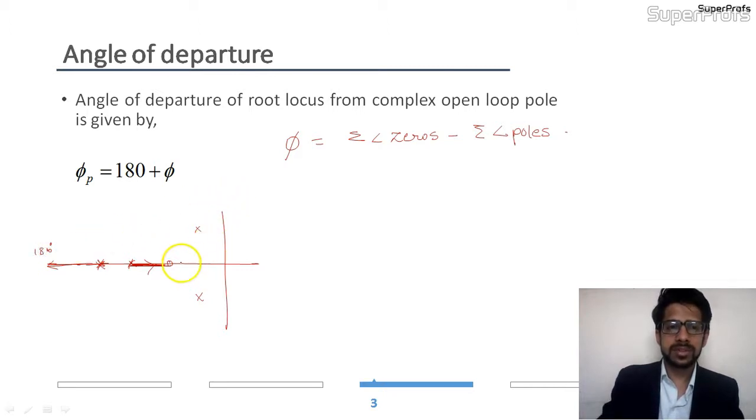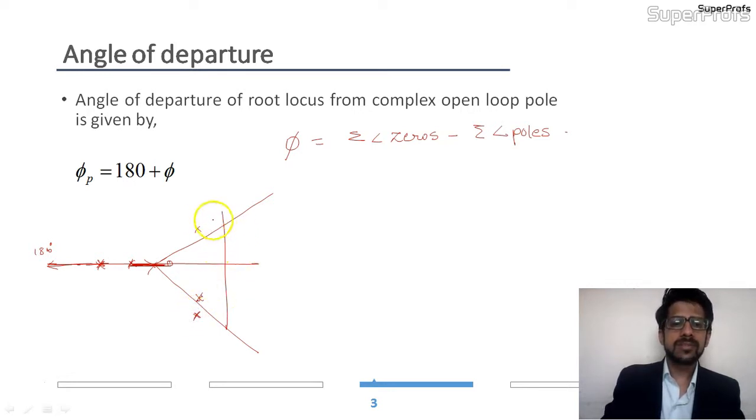One of the asymptotes goes in the 60-degree direction, let us say in this direction. And the other one goes in the 300-degree direction, let us say like this. Okay, now it is important. I think this is wrong, so the pole should be here now.